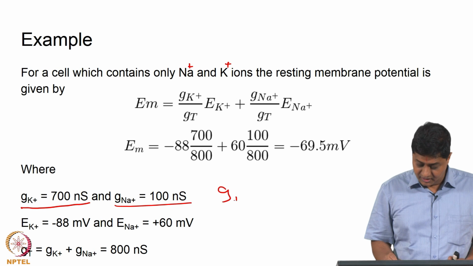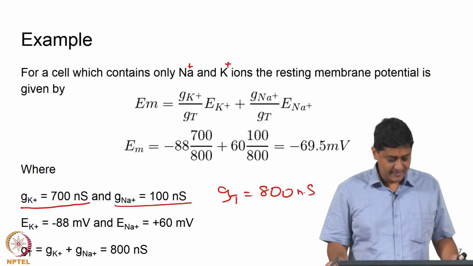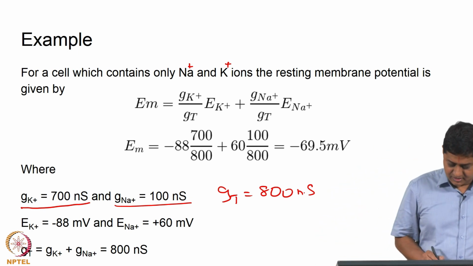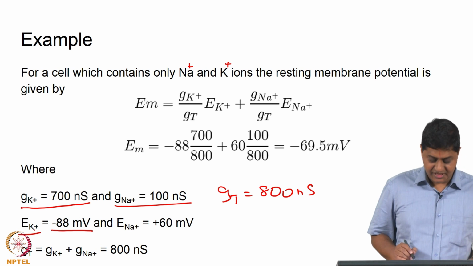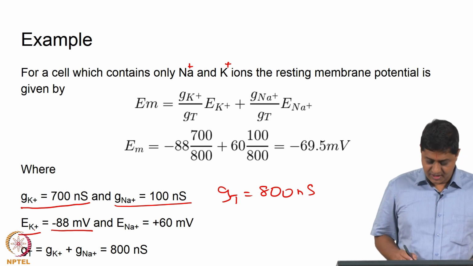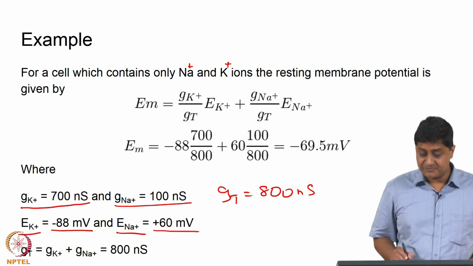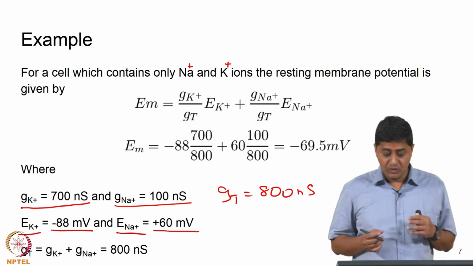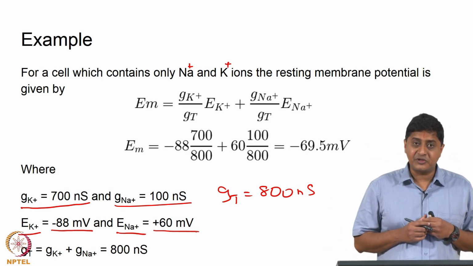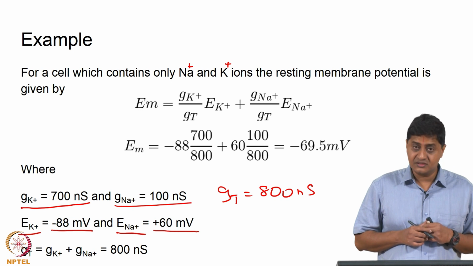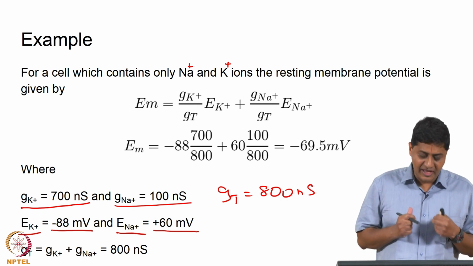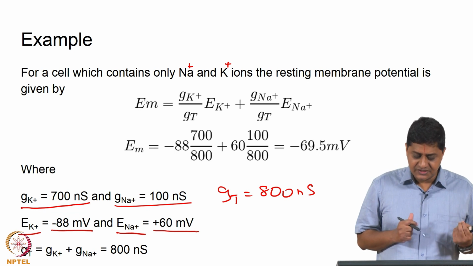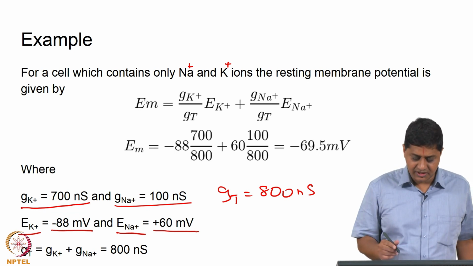So, then G_T is basically 800, is it not, 800 units, and let us suppose the Nernst potential for potassium is minus 88 millivolts and that for sodium is plus 60 millivolts. Now, we want to know to what extent the membrane potential is influenced by the sodium conductance and potassium conductance, who is going to play a major role in this. That is easy to compute using this equation, this is the Chord conductance equation.